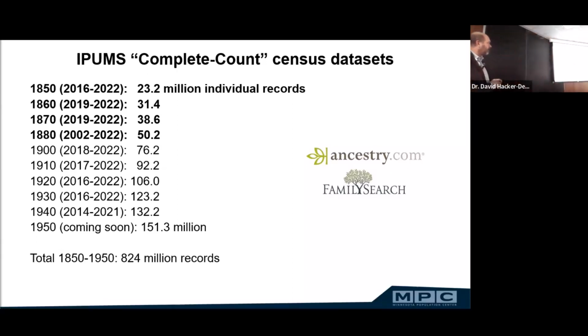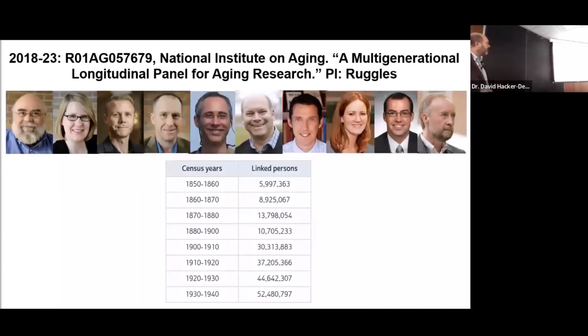And it gets better because we have this grant, which we're calling a multi-generational longitudinal panel data set, where we're taking these complete count data sets, which include names, and automatically using nominal algorithms, finding people in the subsequent census and linking them.